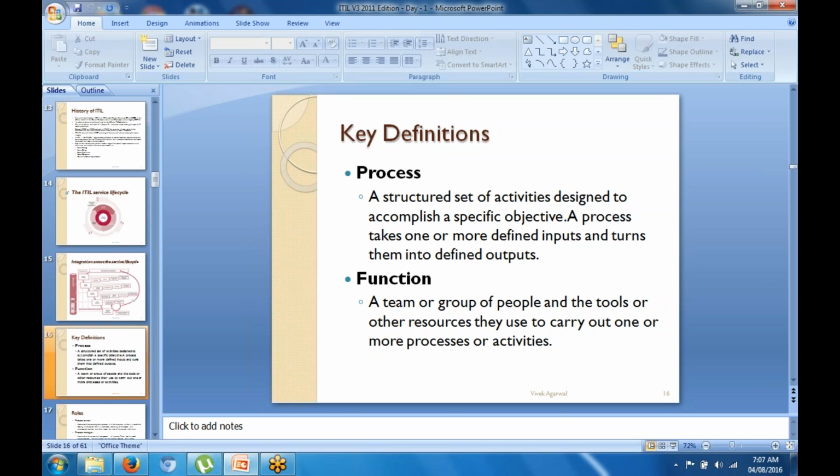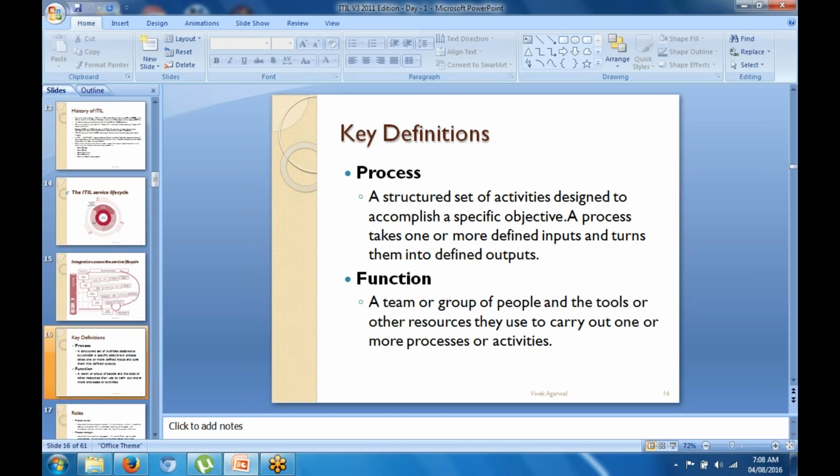A process takes one or more defined inputs and turns them into defined outputs. It takes some parameter, some value as an input, processes those values according to business objectives, and after processing, turns out an output depending on our input values. That is a process.